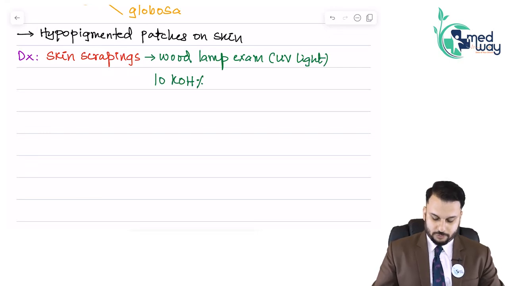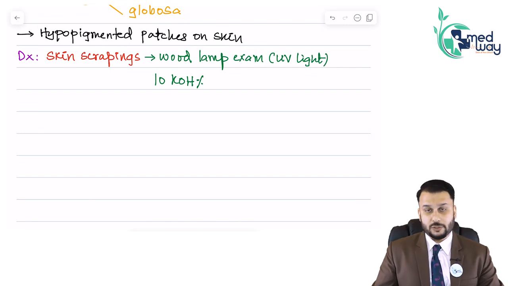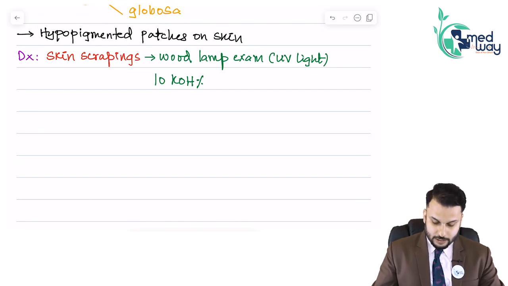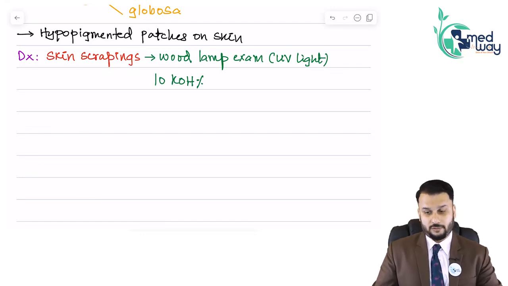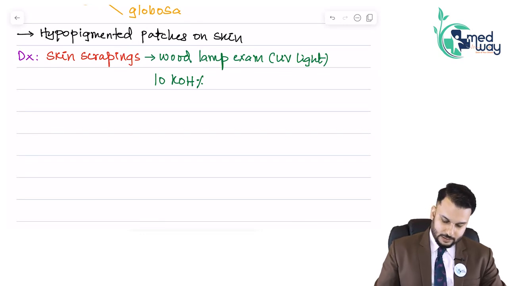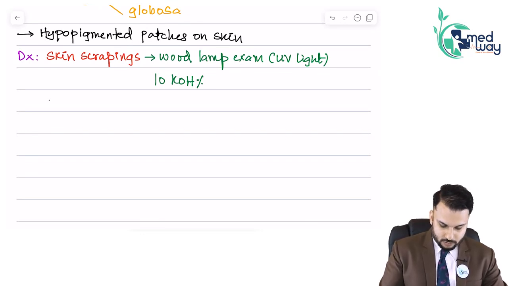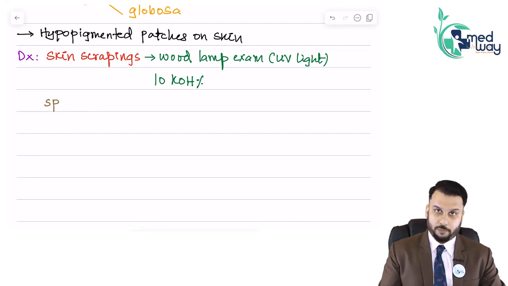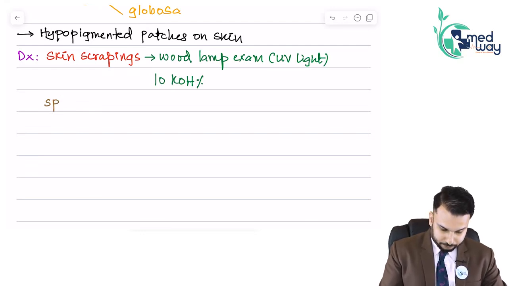Next, you must remember that on these things, whatever you're using, you're going to appreciate one appearance that makes us identify this organism. And that appearance is quite famously called spaghetti and meatball appearance. Okay. Spaghetti and meatball appearance.